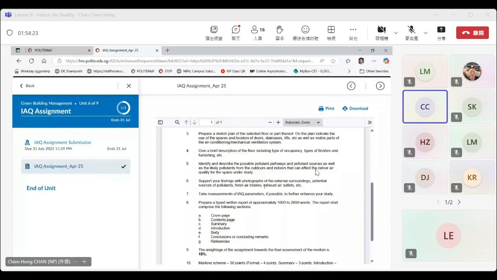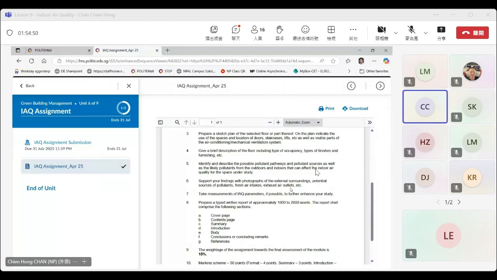Take photos of the surroundings, externally and internally, especially the path for the pollutants. Also identify where the fresh air intakes or the exhaust air outlets could be.